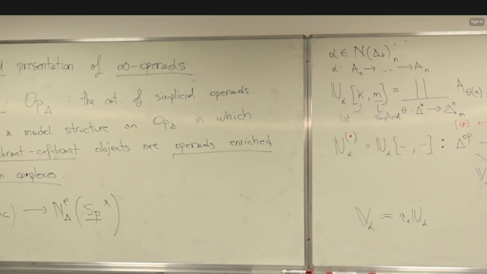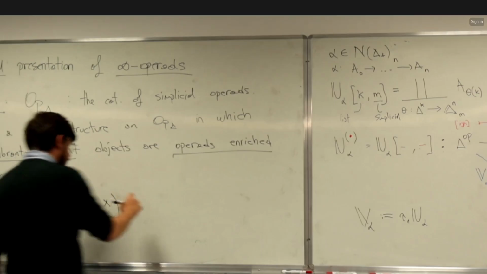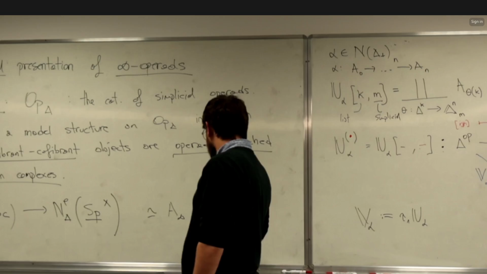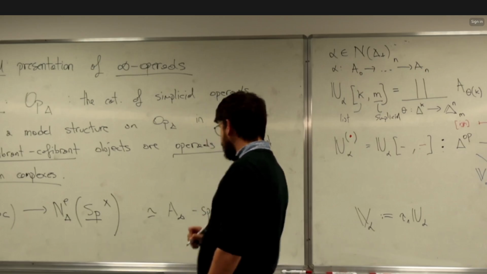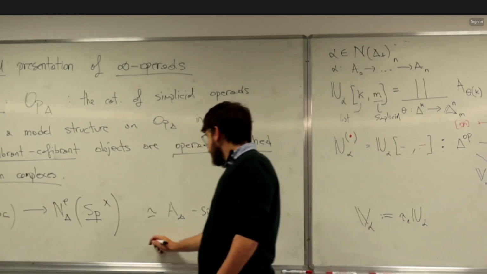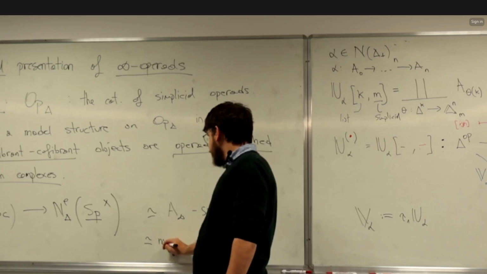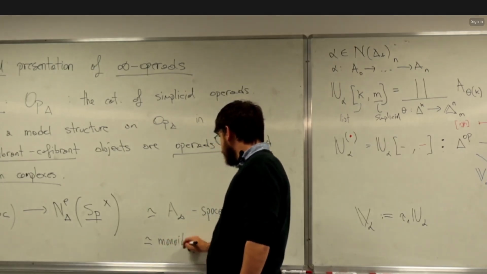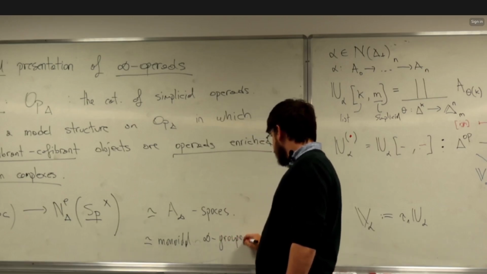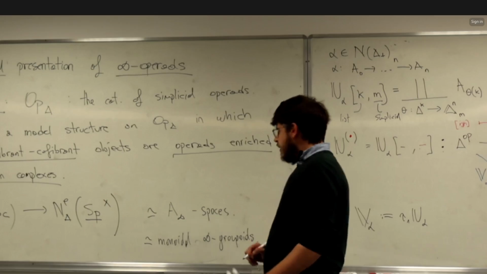And I can say that a morphism of simplicial lists like this gives us the classical notion of infinity space. And something we failed to mention last time is that these are the same, for instance, as monoidal infinity groupoids.